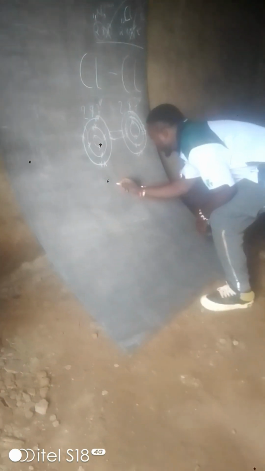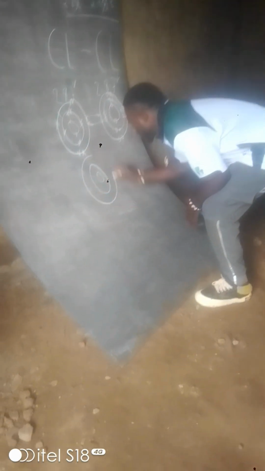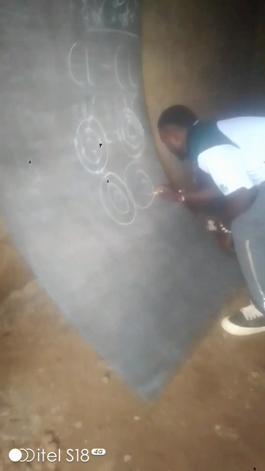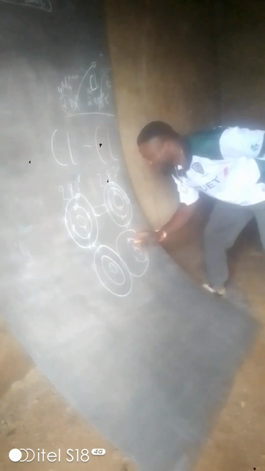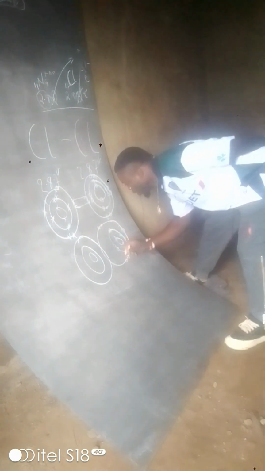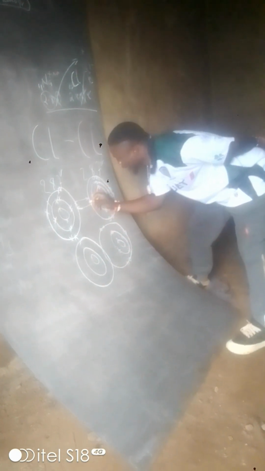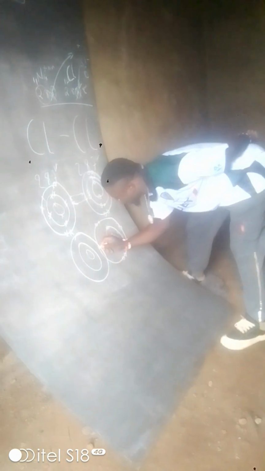Now, what's going to happen is that you are going to have 1, 2, 3. This also, we are going to have 1, 2, 3. This one is the dot and cross diagram. Now, this chlorine is going to donate one electron here. Is that clear?